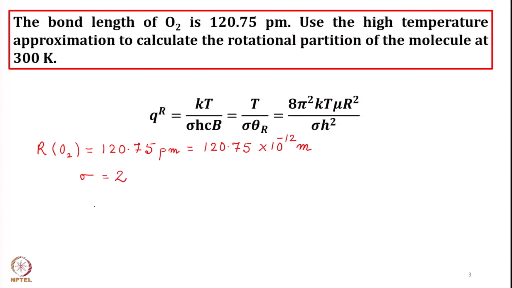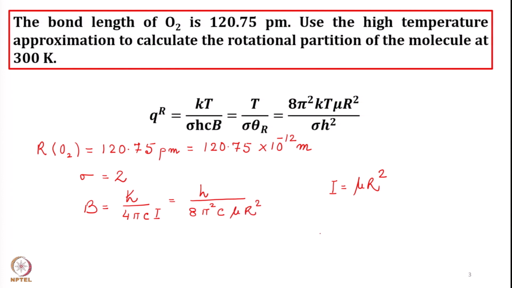Next, c is the speed of light, which is fixed, and B, the rotational constant, is h cross over 4 pi c into I, where h cross is h over 2 pi. So it becomes h over 8 pi square c I, where I, the moment of inertia, is equal to mu r square. Instead of I, I will write mu r square.